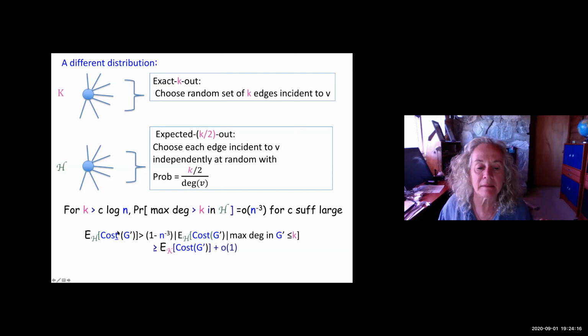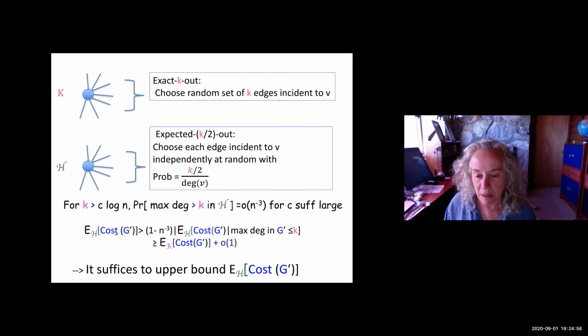So we can bound the cost of the original distribution by the cost of this expected k over 2 out. From now on, we're going to consider the cost of the H distribution rather than the cost of the original distribution we described.